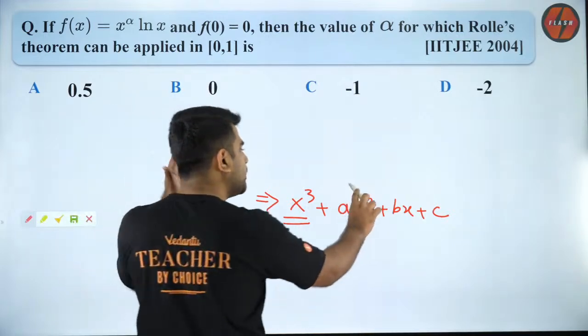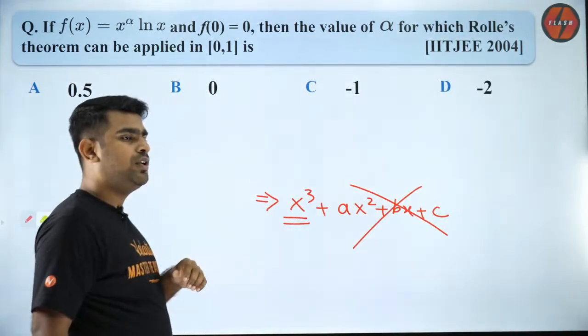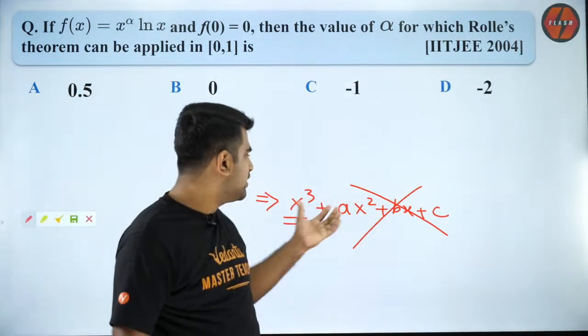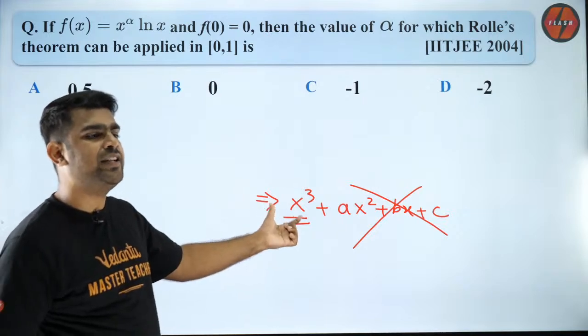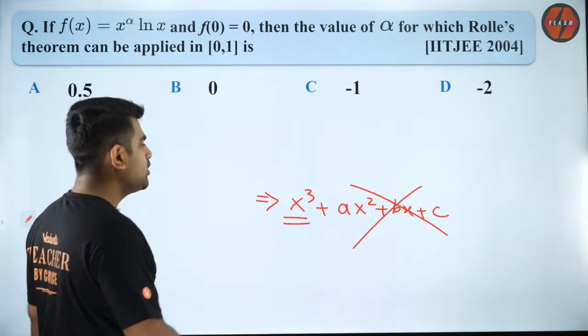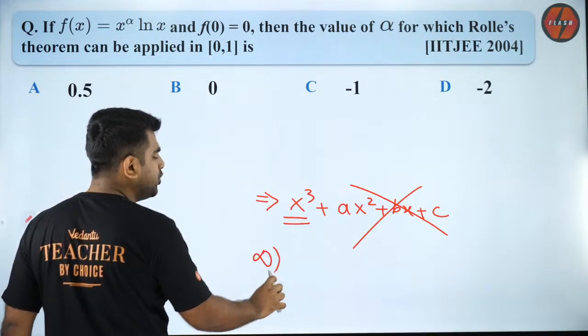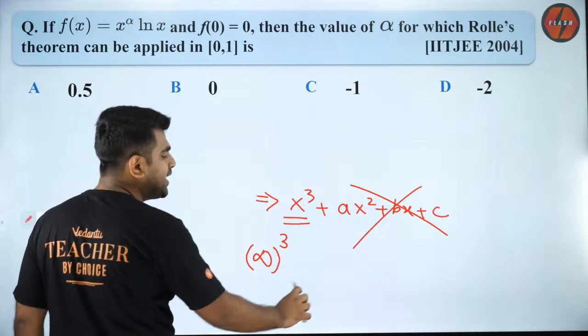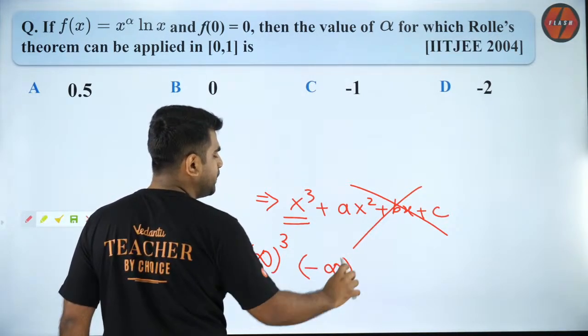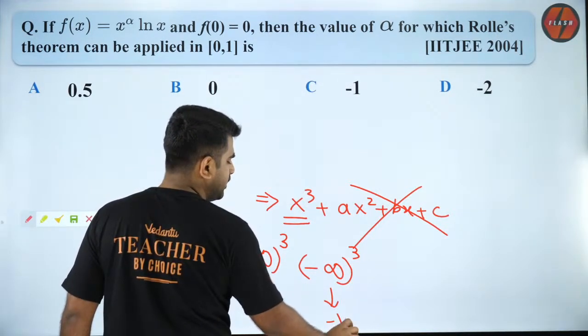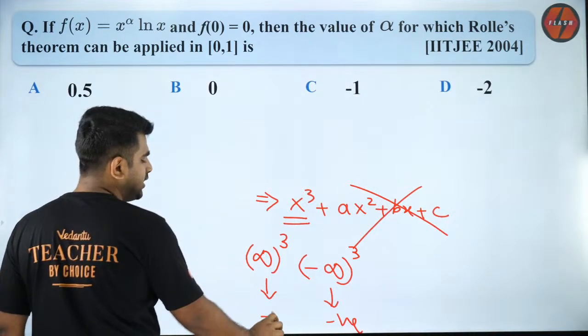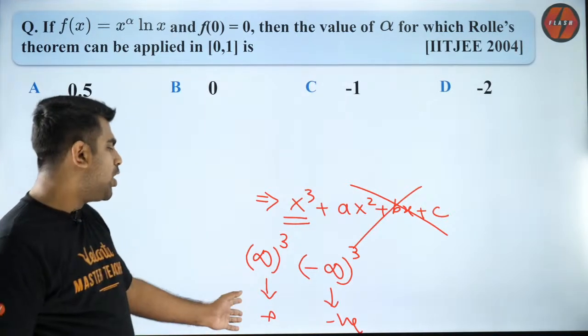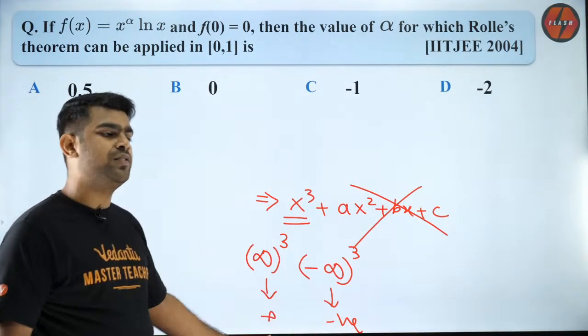So can I forget about all that? Because this is going to be the dominating term at infinity. Exactly. So at plus infinity, it will be infinity to the power 3, and at minus infinity, it will be minus infinity to the power 3. So this will be negative infinity and this will be positive infinity. So that is why it always goes from minus infinity to plus infinity.